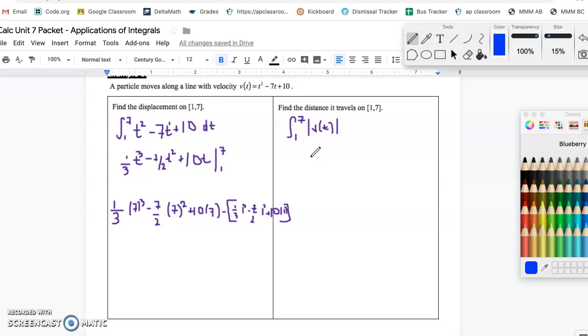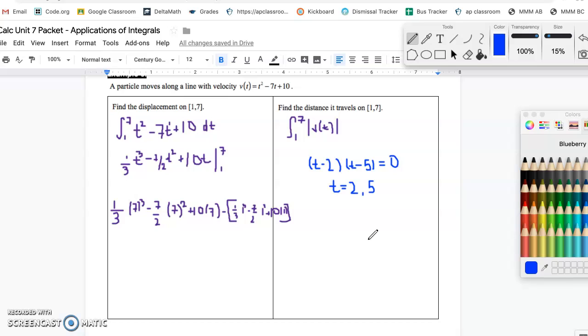So t minus 2 times t minus 5 equals 0. So t equals 2 or 5.